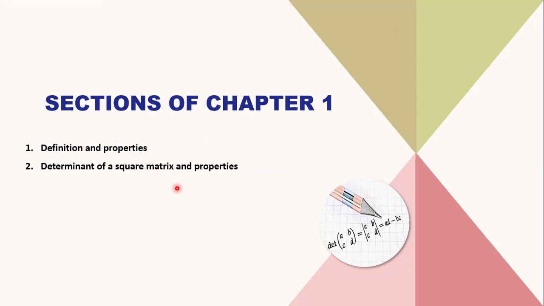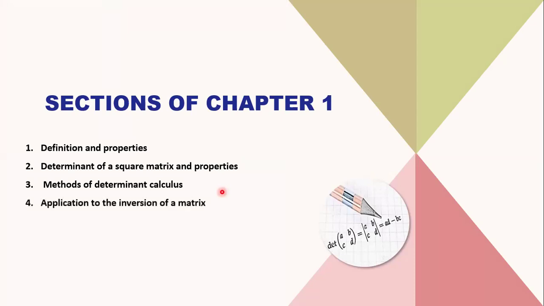Here we will see the properties of determinant. Thirdly, we have the methods of determinant calculus. And finally, we will apply the knowledge of determinants in the inversion of a matrix. In this video, we will see a part of the first section only.